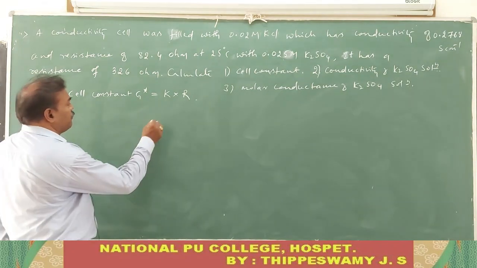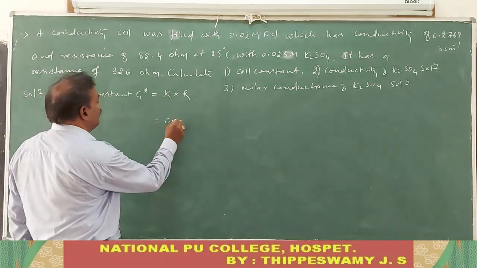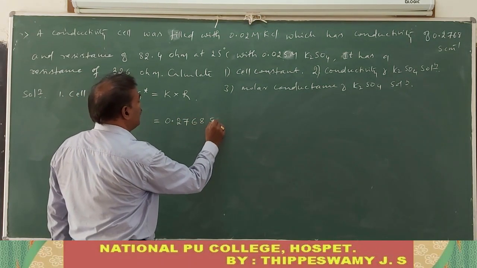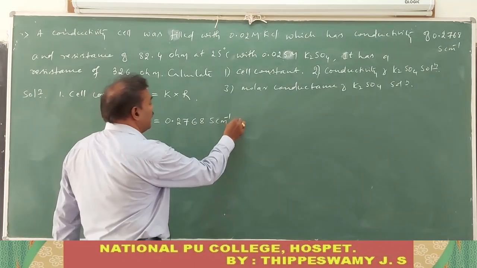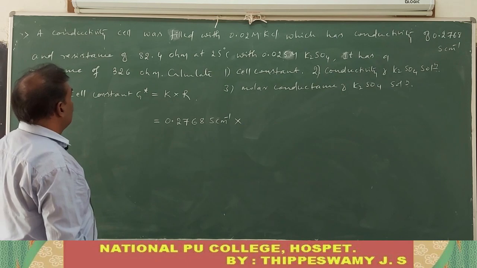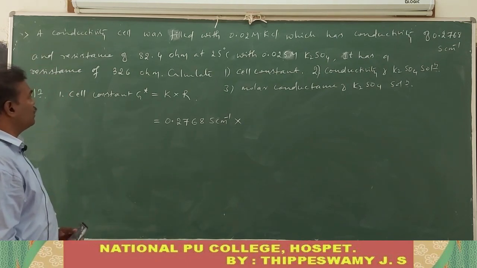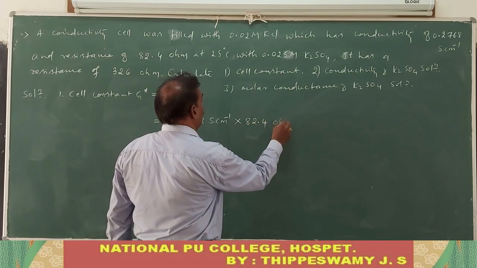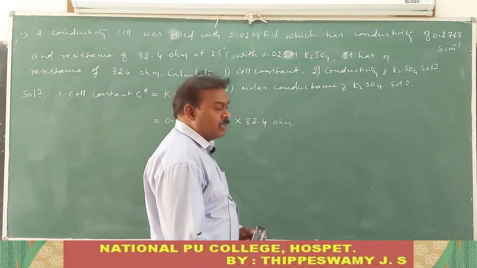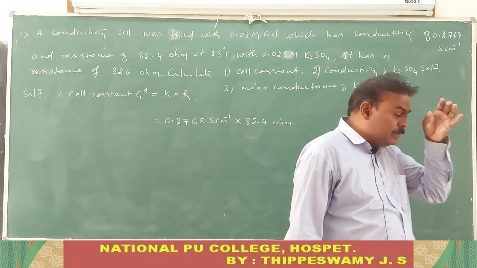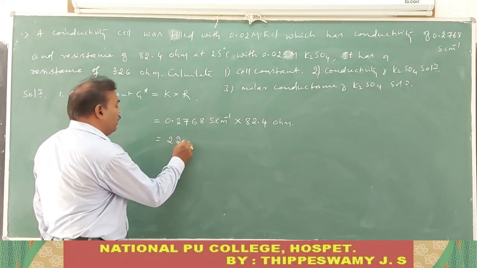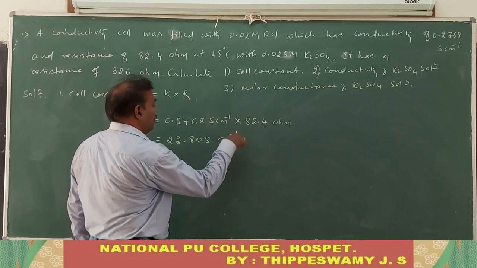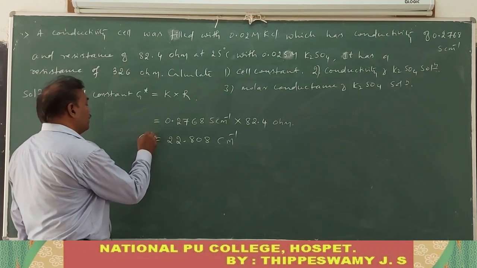The value of this specific conductivity is 0.2768 Siemens per centimeter, into the value of resistance, which is 82.4 ohm. Following all of you? Then the answer we are getting is 22.808 per centimeter. This is the value of G star.